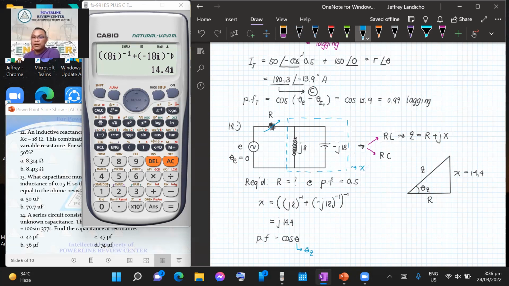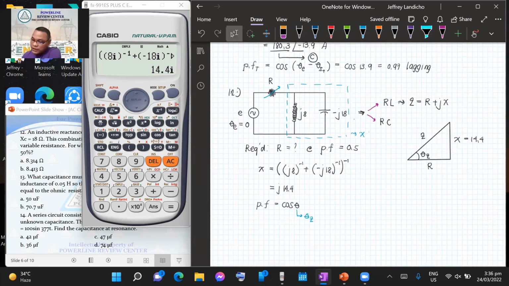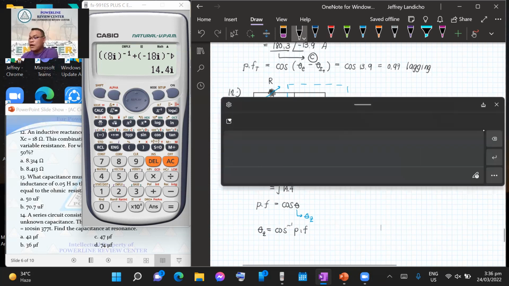Kinuha na natin kanina yan, that the power factor angle is always equal to the angle of your impedance. So lumalabas kapag kinuha natin si theta, that is just simply equivalent to arc cosine of what? Power factor. So meron na tayong angle.